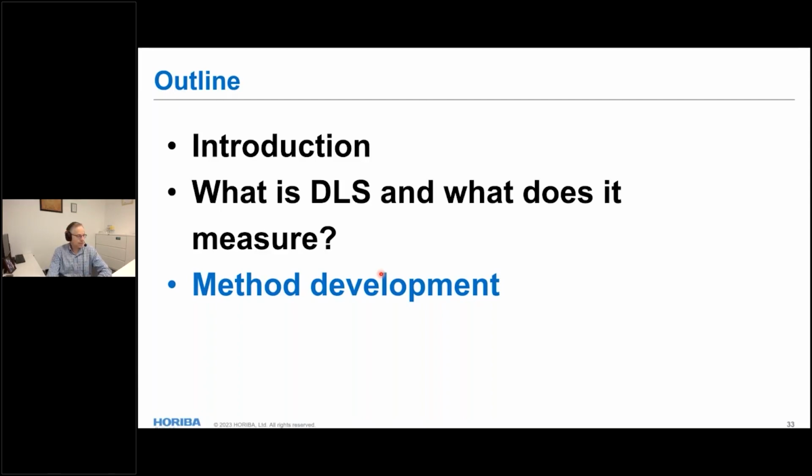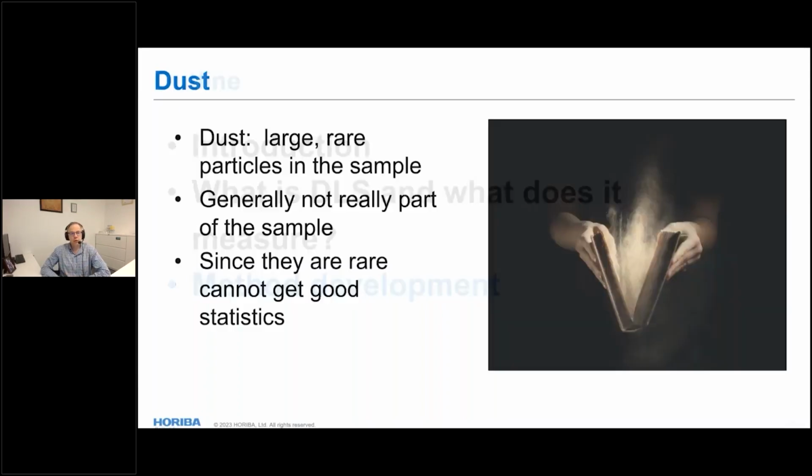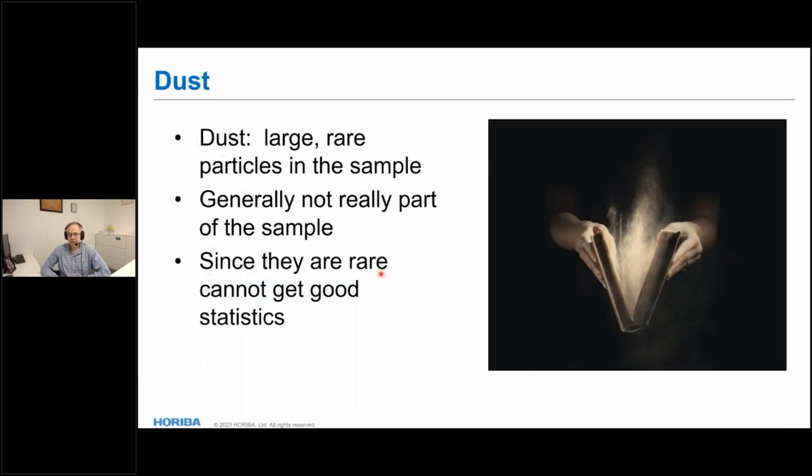I want to wrap up with some comments on method development and what you might encounter and what you might want to think about. So, dust. As you get into nanoparticle work, dust is your big enemy. These are large particles compared to nanoparticles, so they tend to give you nice, strong signals. They're rare.